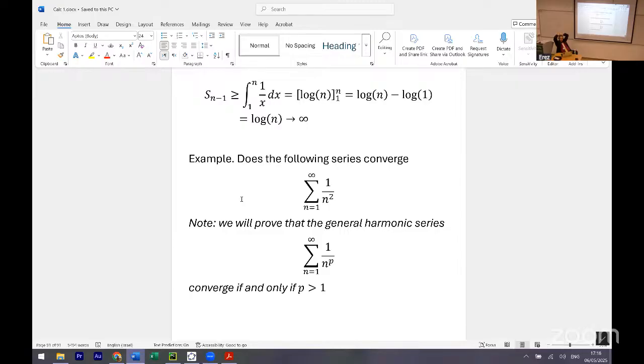The reason I do that is because these two are comparison tests. Usually you do one or the other, ratio or root, because they are both comparison to the geometric series. And the last one is different and far away, the condensation test, whose main purpose, to be honest, is this question right here.